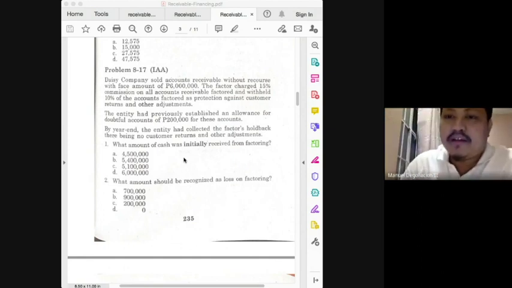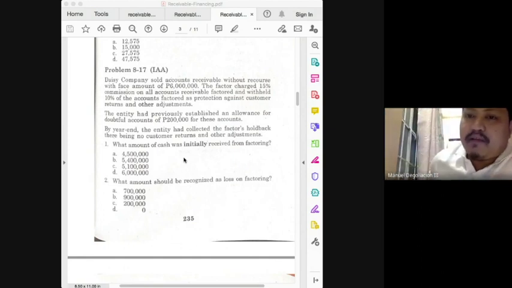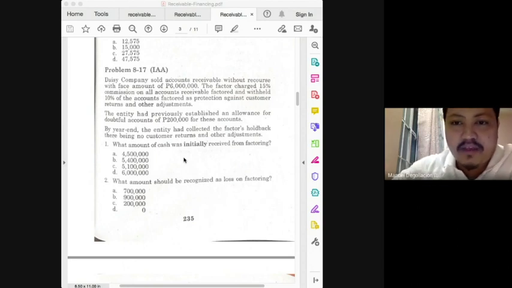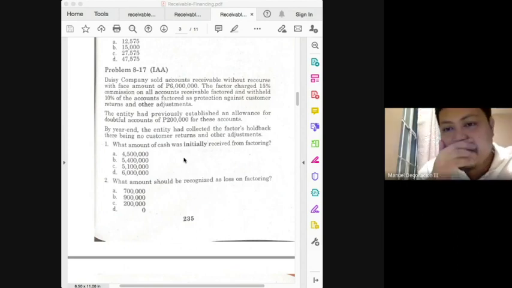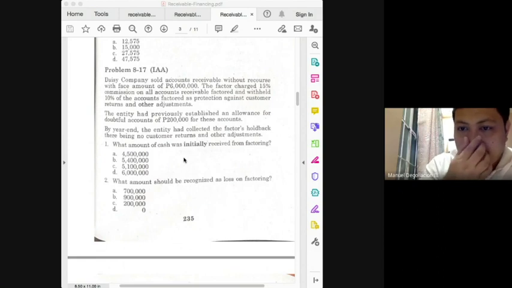Next, the holdback here would be 10%, and 10% of 6 million would be 600,000. So 600,000 plus 900,000, the total deduction here would be 1,500,000, and that is why the amount that we will initially receive would be 4,500,000. What amount should be recognized as loss on factoring?